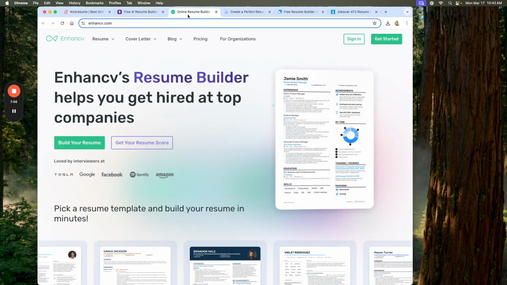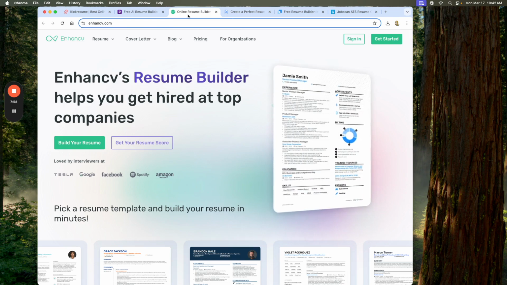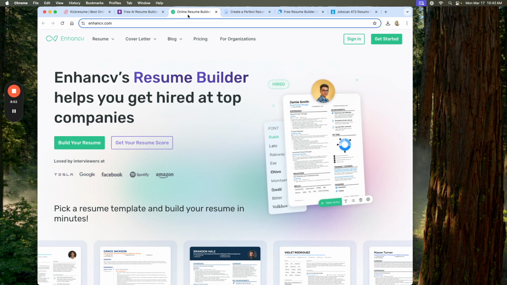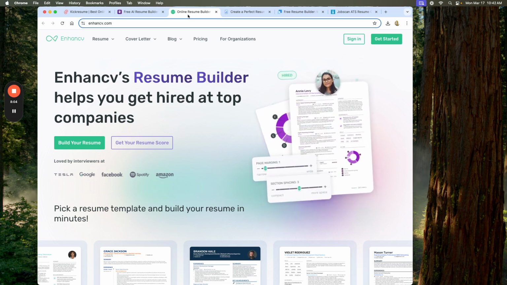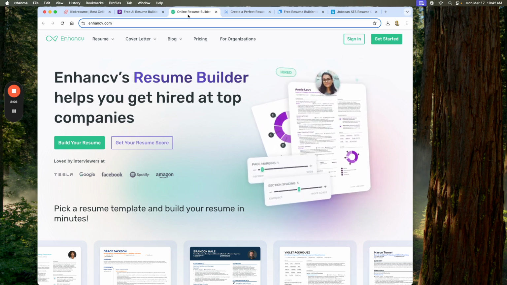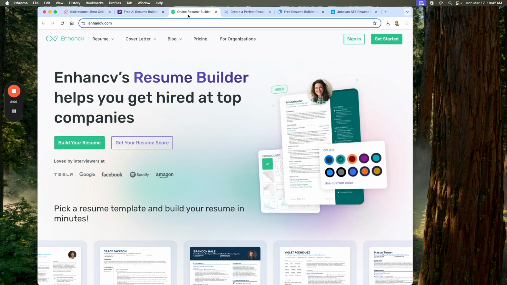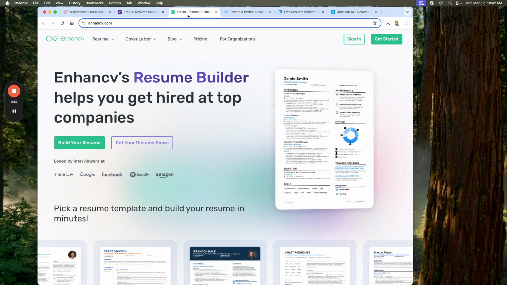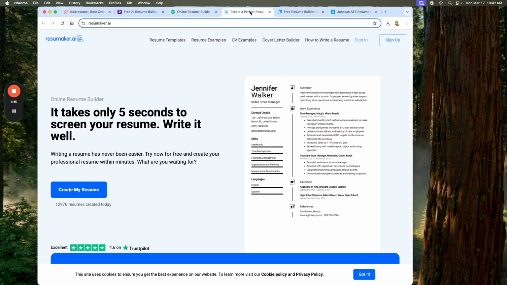And then we have Enhance. Again, notice the spellings of all of these. They are each spelled slightly differently, and like I said, some parts you can use for free, others there is a cost. We have ResuMaker, which is another one that is often used.